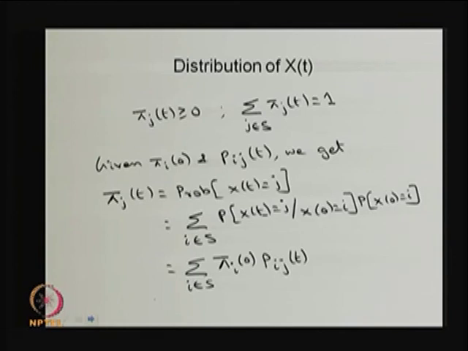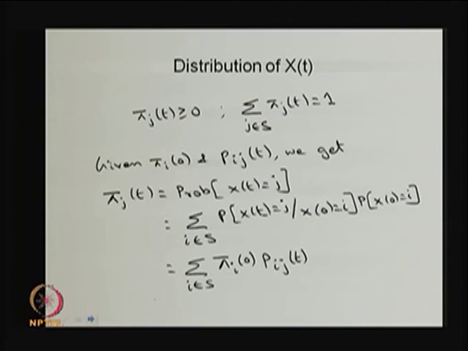That is pi j of t, which is the same as the probability that x of t is equal to j. I can make a summation of the conditional: what is the probability that the system will be in the state j at time t, given that it was in the state i, multiplied by the probability that the system was in the state i at time 0, for all possible values of i, where S is nothing but the state space.